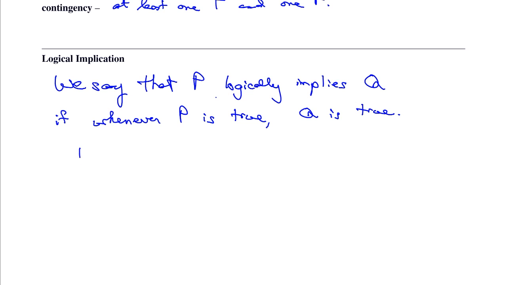And the notation is P, a sort of double bar arrow, goes to Q.